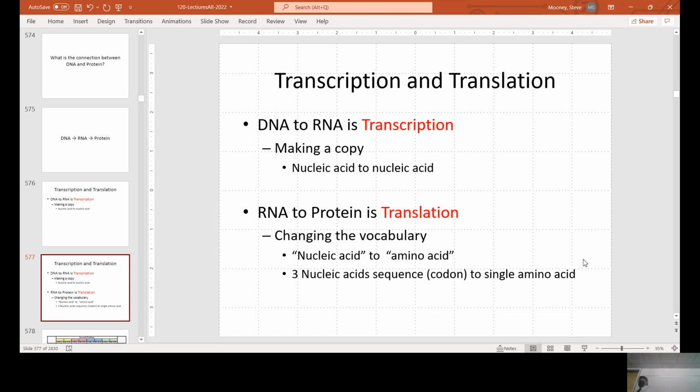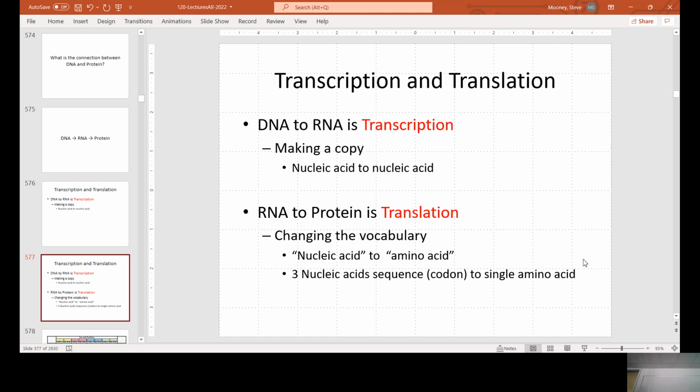When we go from RNA to protein, we're translating. We're changing the vocabulary, the letters, the alphabet that we're using. We're going from a nucleic acid language to an amino acid language. So we got to figure out, okay, when we say this in nucleic acid, that means this in amino acid.